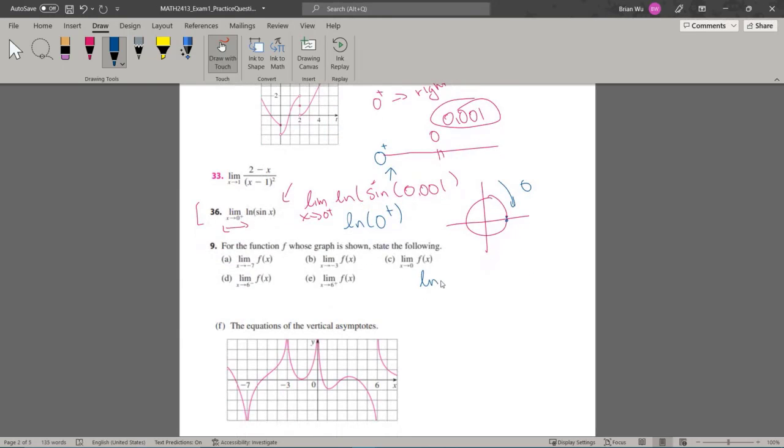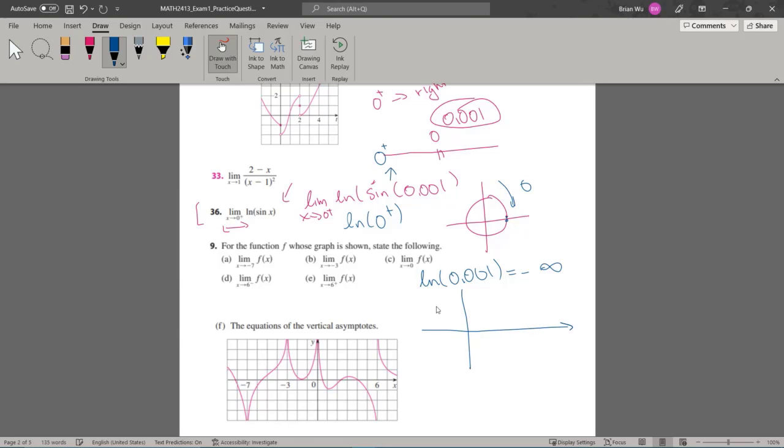We're thinking, okay, if this heads towards 0, this is a really big negative number, and if you put it into your calculator, really big negative number. If you get closer to 0, you're going to get bigger and bigger negative numbers, so you know that the direction is towards negative infinity.